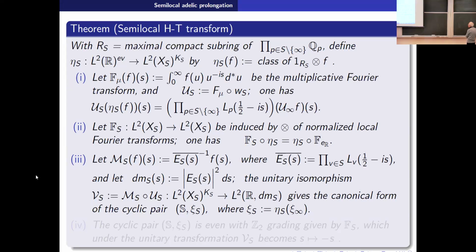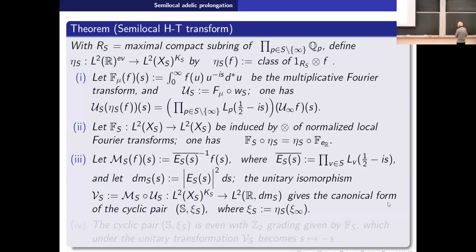And then you take this measure with this Radon-Nikodym derivative and form the Hardy-Titchmarsh by combining these two parts, the U_S and the M_S, which is multiplying by this factor.